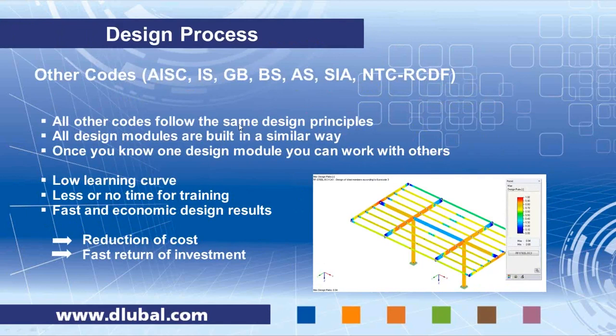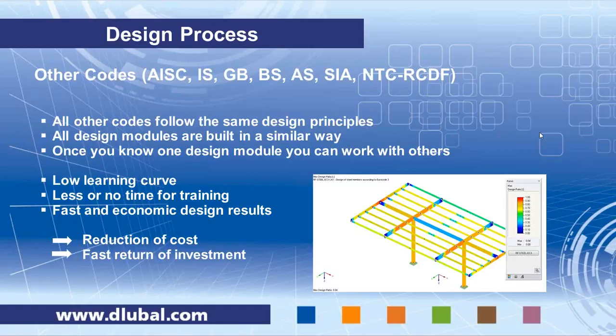Once you have understood how we do the design process in Eurocode, you will be able to apply this knowledge also for AISC, ISGB, which is the Chinese code, British standard, Australian code, Swiss code, and Mexican design codes. Everything follows the same red line, everything follows the same design principles, and once you know one module, you most likely can work with the other modules because everything is tailored the same way.